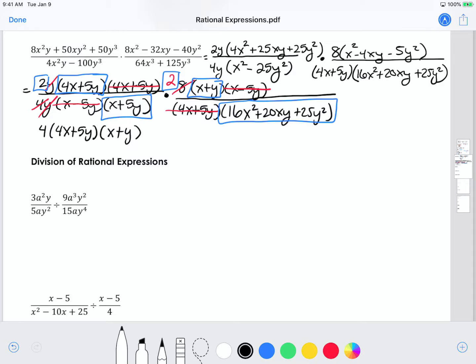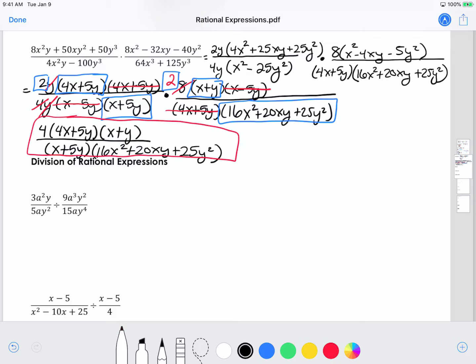That's what's left in the numerator, and then in the denominator, I have x plus 5y, and then 16x squared plus 20xy plus 25y squared. So here is my final answer. It's a big mess, but it's not hard. It just takes time. You just have to take your time, do your factoring on some scratch work, and then cross off everything they have in common on the top and the bottom.